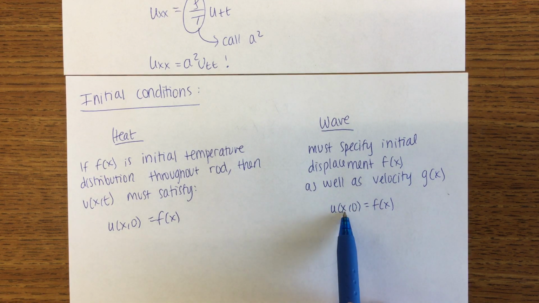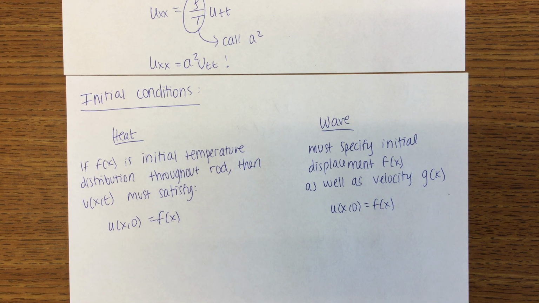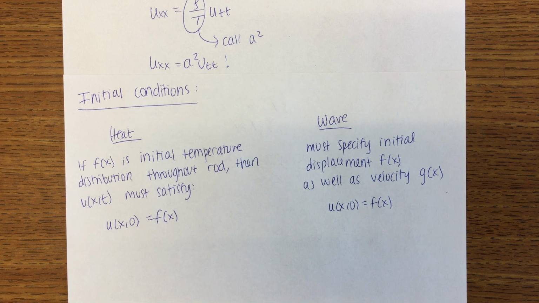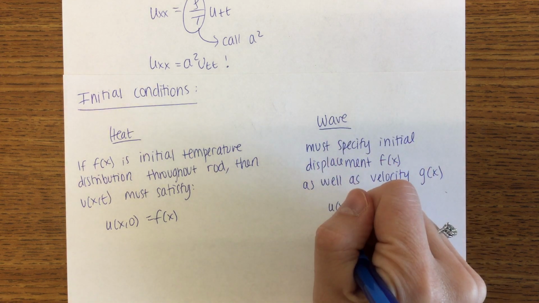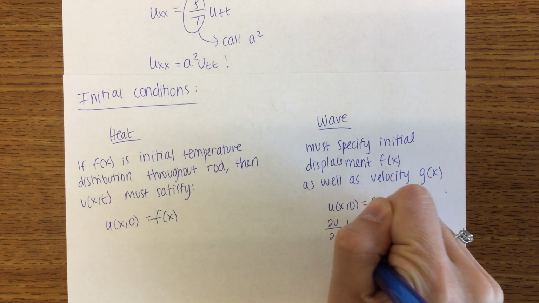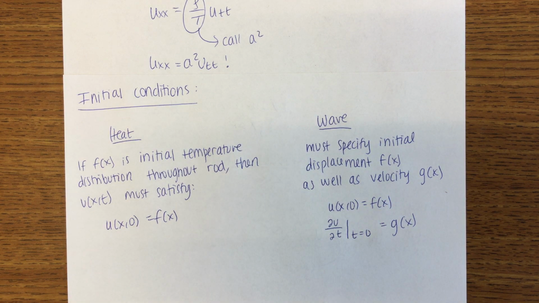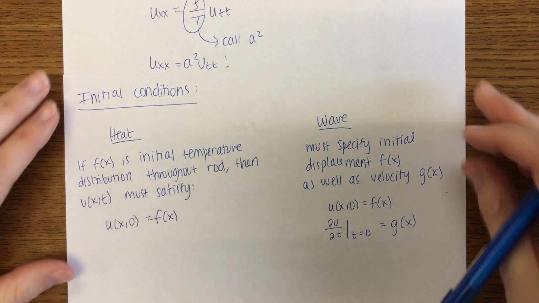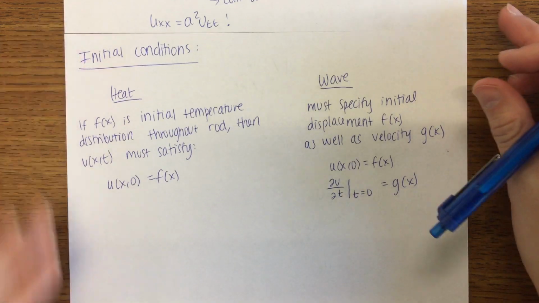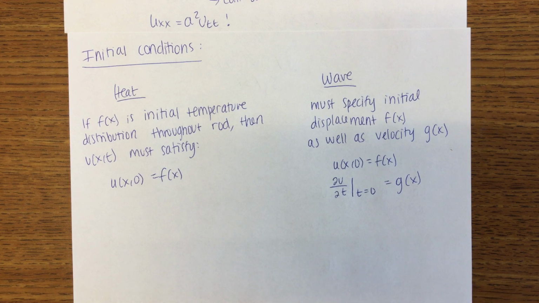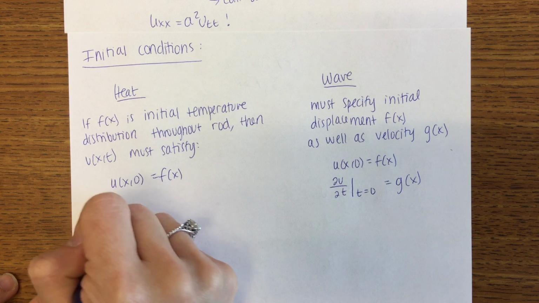So at time 0, place x, it'll tell us what the displacement is there. Initial velocity would be the first derivative of u with respect to t. So the partial of u with respect to t at t equals 0 is going to be g of x. So those are the initial conditions.